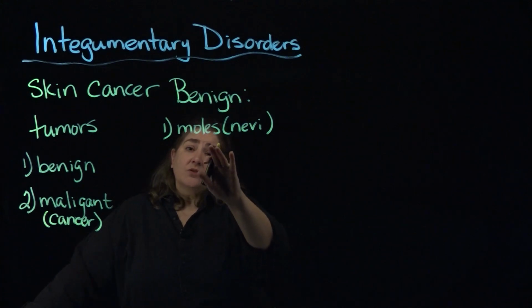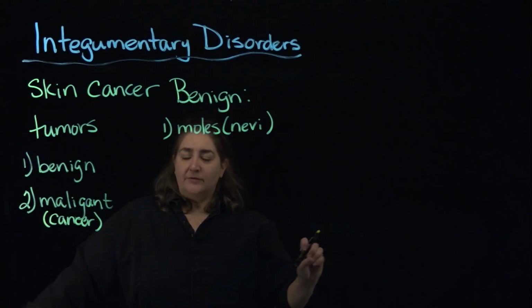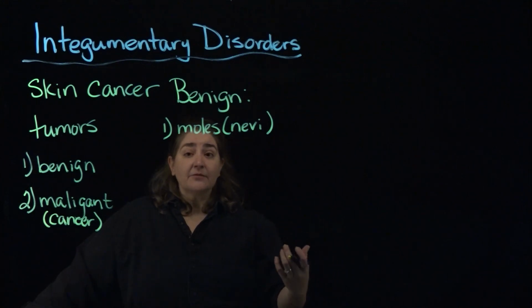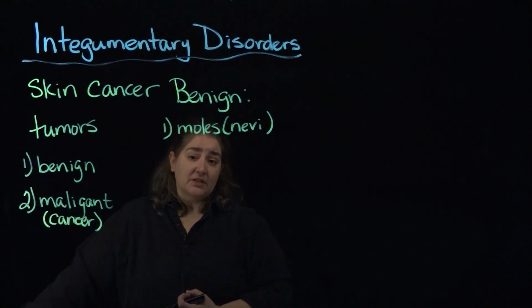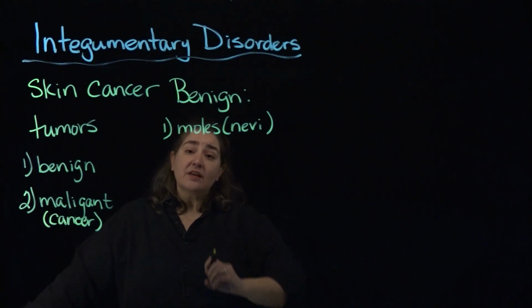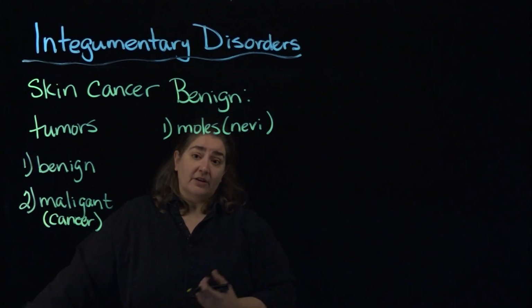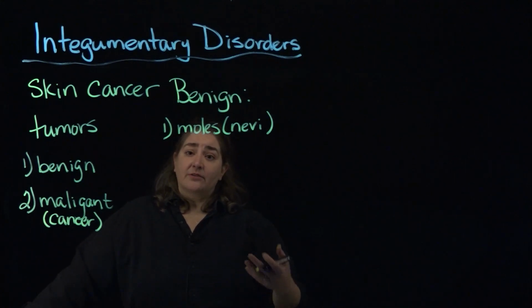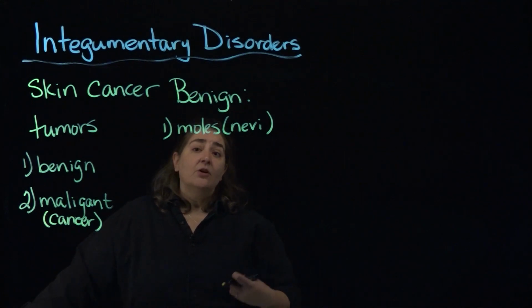The thing about moles is they can progress to malignant melanoma if there are additional mutations that occur within that subset of cells. But the mole itself is not going to be life-threatening. But that's why you go to the doctor or the dermatologist and have a skin check every so often.